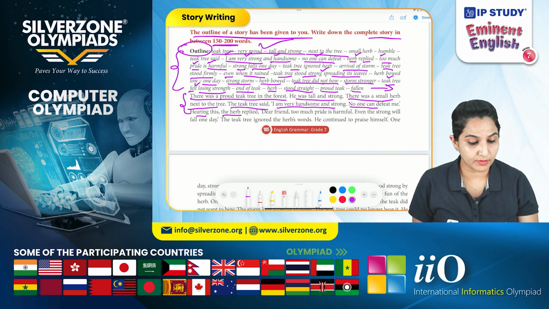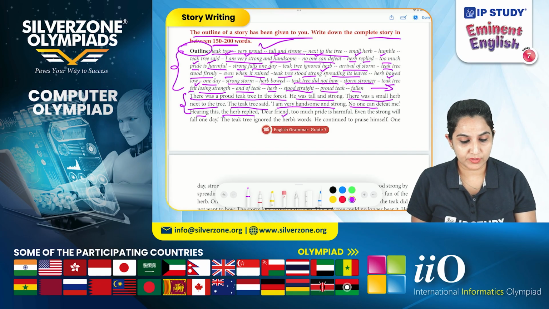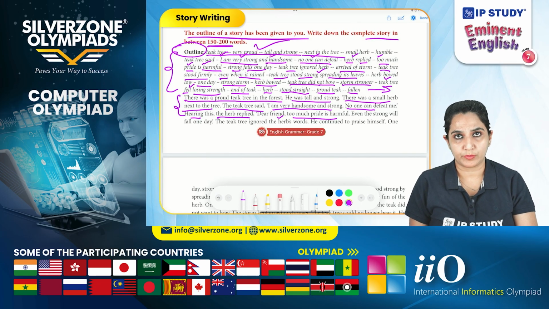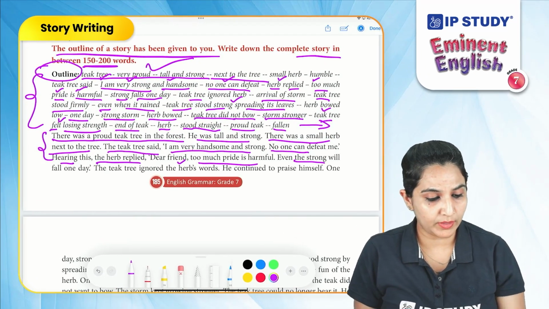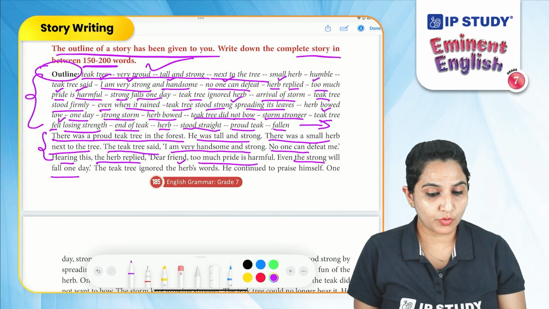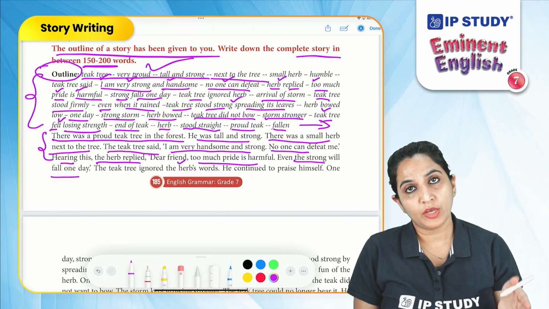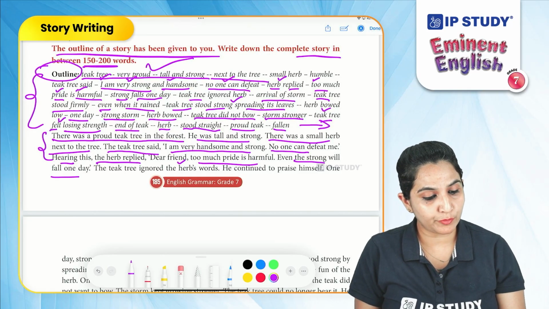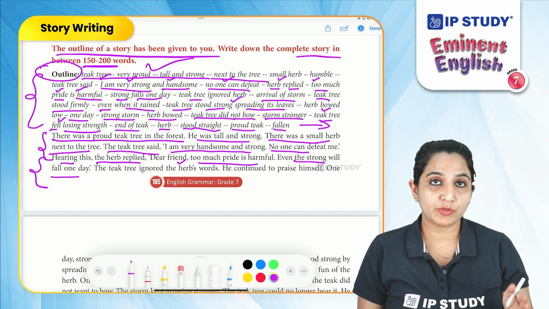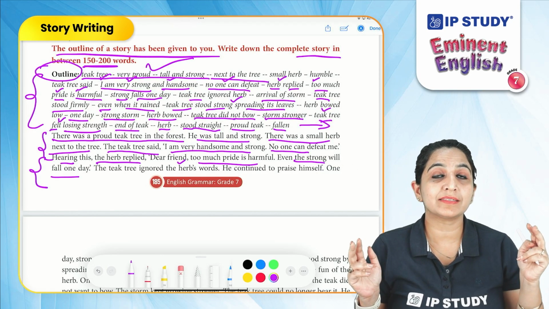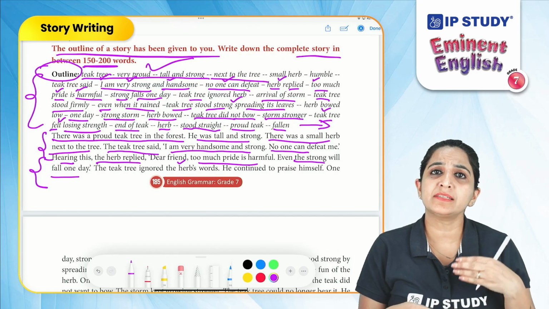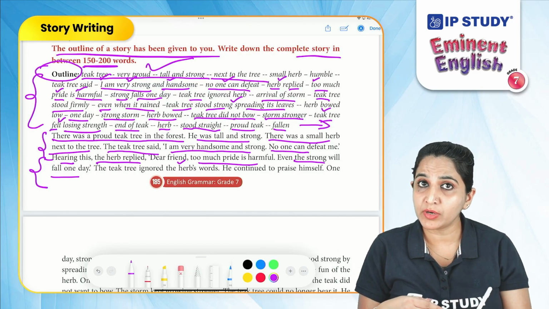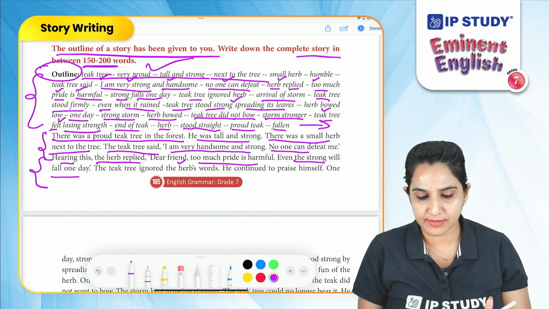Hearing this, the herb replied, Dear friend, too much pride is harmful. Even the strong will fall one day. So, just looking at the outline, you can gather that you have to form all of these lines. But you have to just form a constructive dialogue and add some conjunctions, some added words and proper punctuation marks.